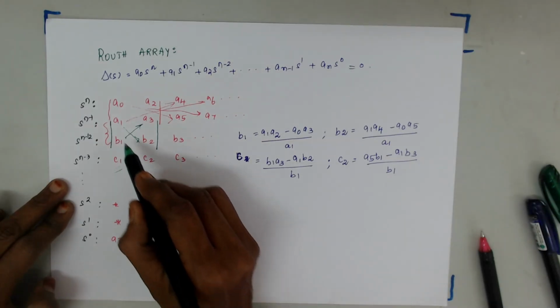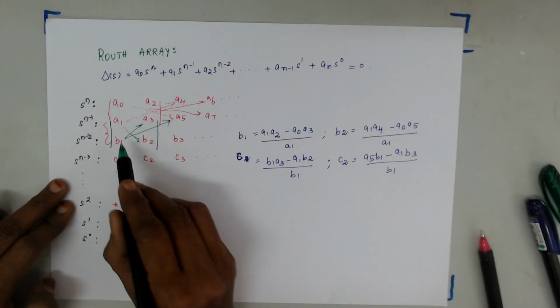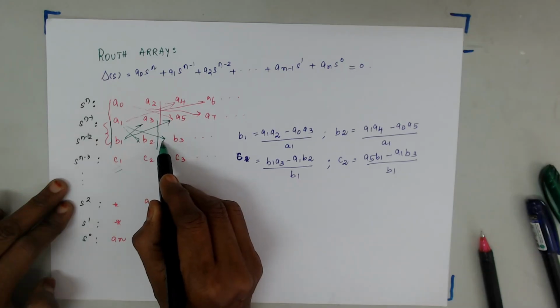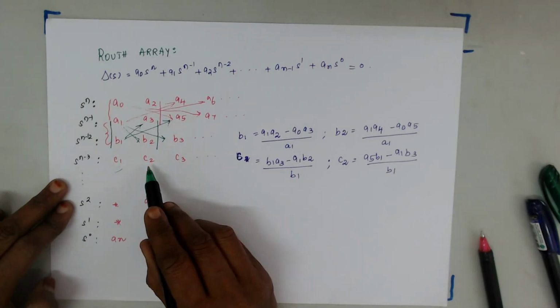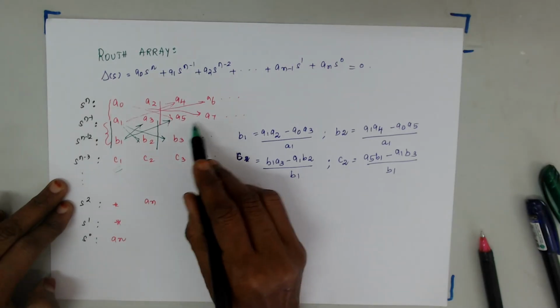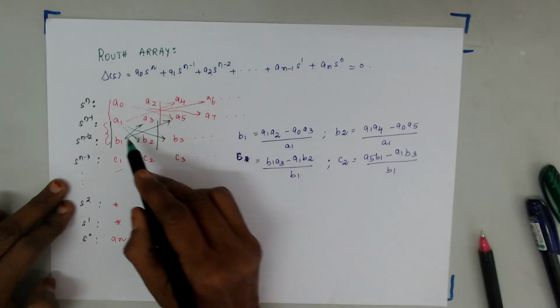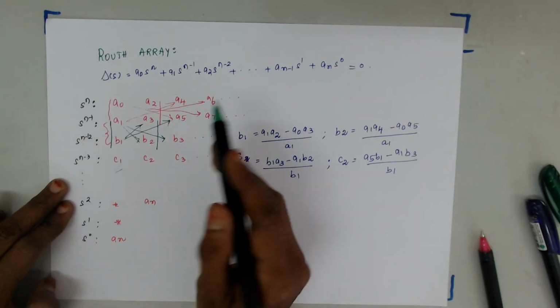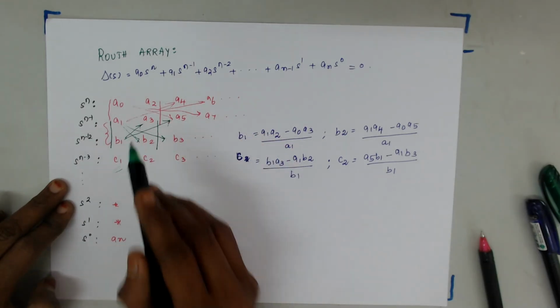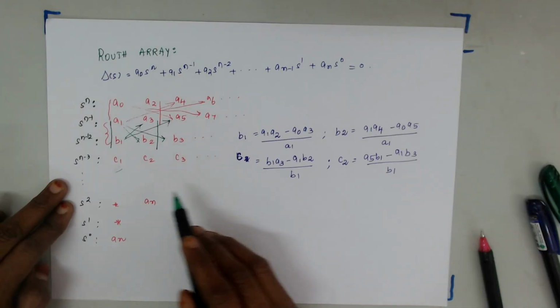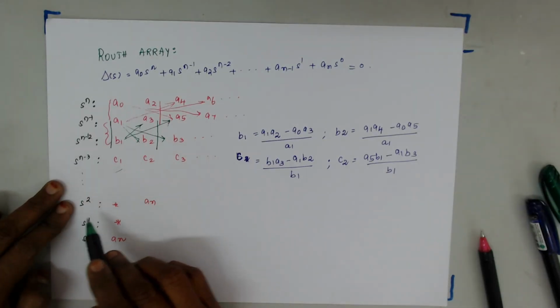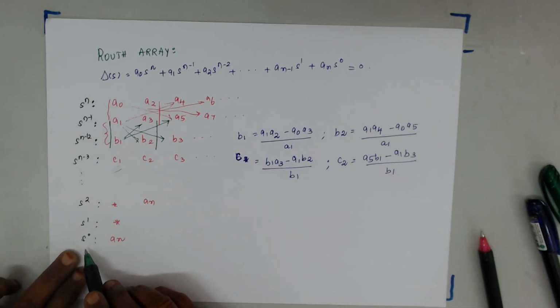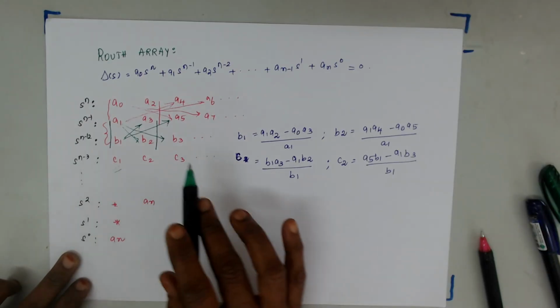Then c2 is found as b1 a5 minus a1 b3 divided by b1. Similarly, we can form the coefficients keeping the first column as constant and adding the remaining columns to the determinant. It is a 2 cross 2 determinant. You can find the remaining rows likewise, till the constant row s power 0 is found. This is how we have to construct the Routh array.